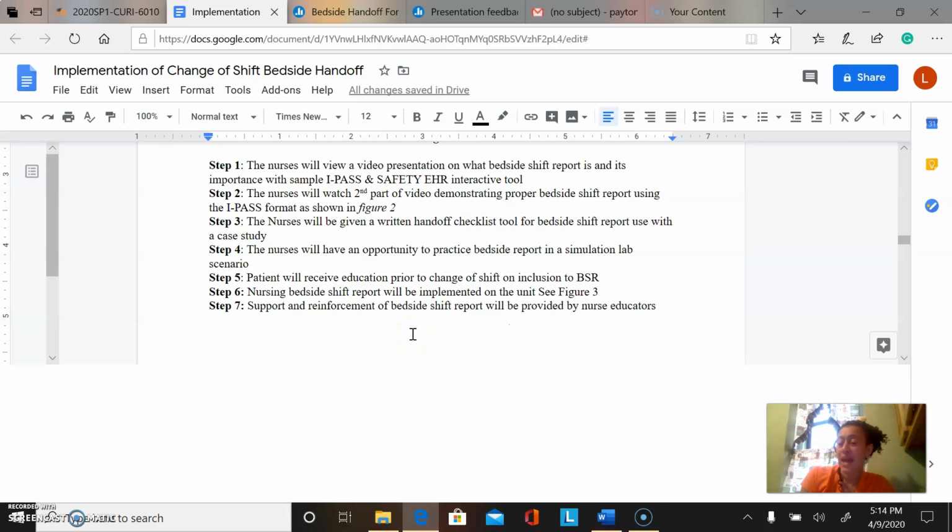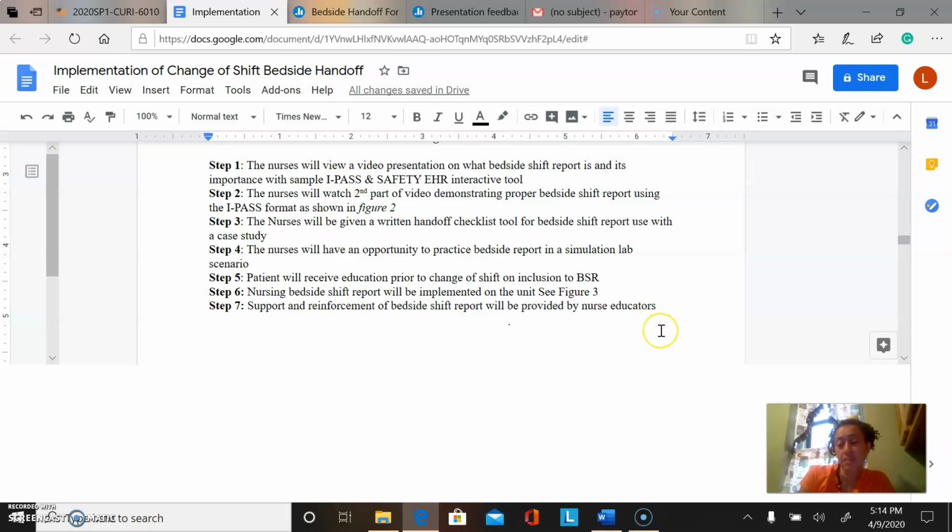Then once this is actually done, we may even want to include educators and a nurse leader or champion to watch the nurses doing it, to roll out, to make sure they're comfortable and to provide support, and to ensure they don't go back to the nursing station.